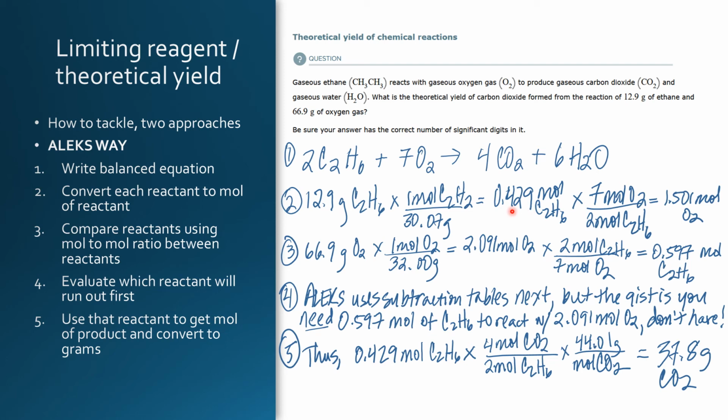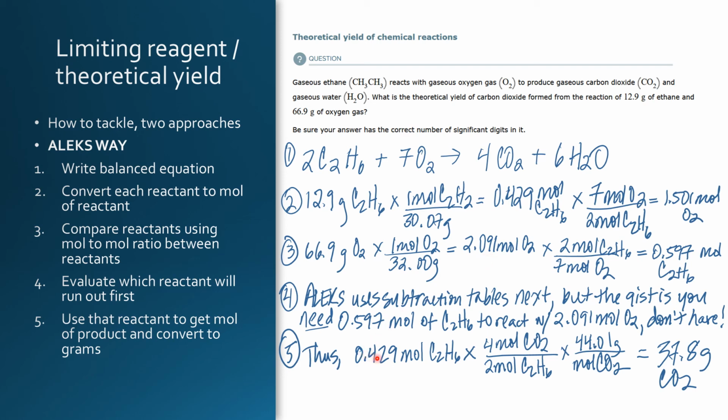Let me just show you this thought process another way. We need 1.501 moles of oxygen to react with 0.429 moles of ethane. Do we have it? Yes, we have more than enough oxygen to provide the 1.501 mole. So oxygen must be in excess.